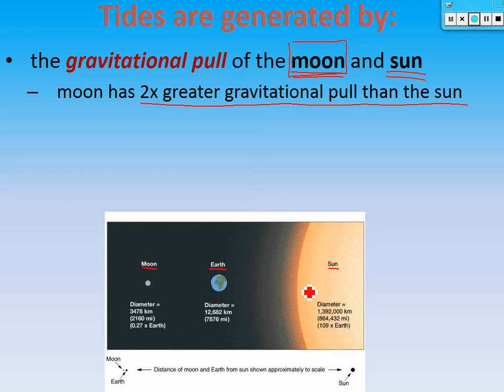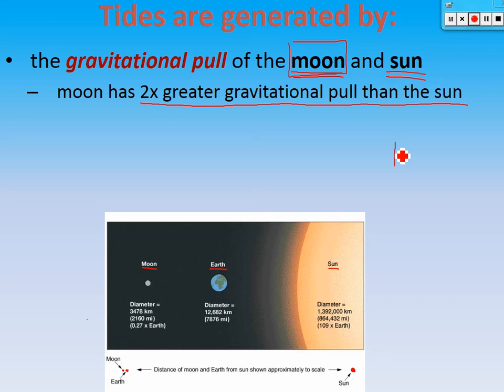But if we look at the model and take into account the distance that we are from the sun, down here, if this is the sun and this is the Earth, the moon would be right here. So this is a scale to distance. The moon is so much closer to the Earth than the sun is that the moon is responsible for tides. It has twice as much gravitational pull on the Earth than the sun does.